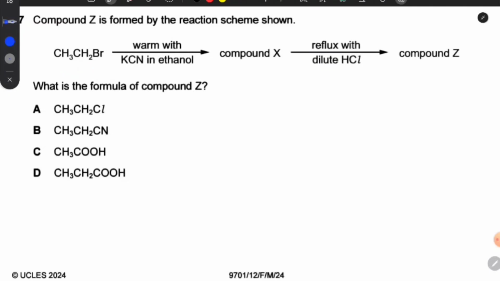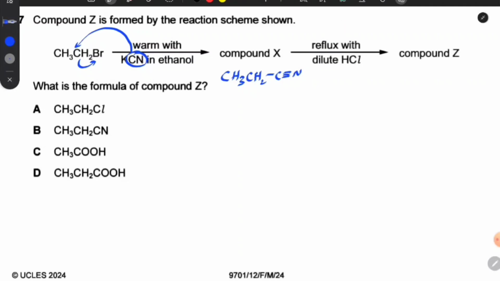What will happen is that cyanide, being a very good nucleophile, will give a substitution reaction. So bromide will leave, and you will get this product, which is CH3CH2 and cyanide, which has a carbon triple bond nitrogen.